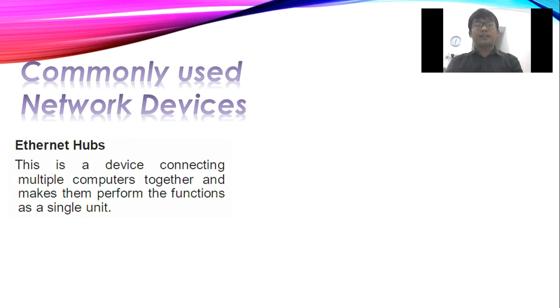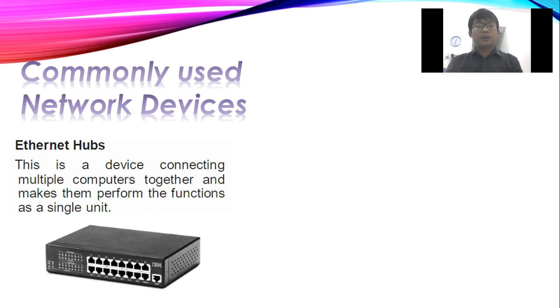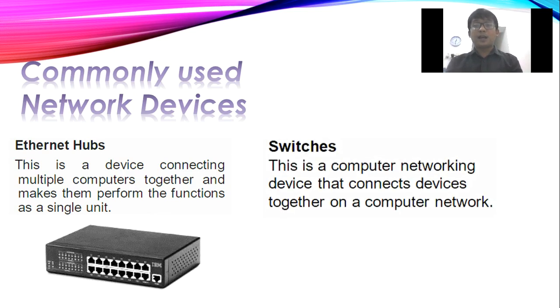Commonly used network devices. We have Ethernet hubs. This is a device connecting multiple computers together and making them perform the function of a single unit. We have also switches. This is a computer networking device that connects devices together on a computer network.